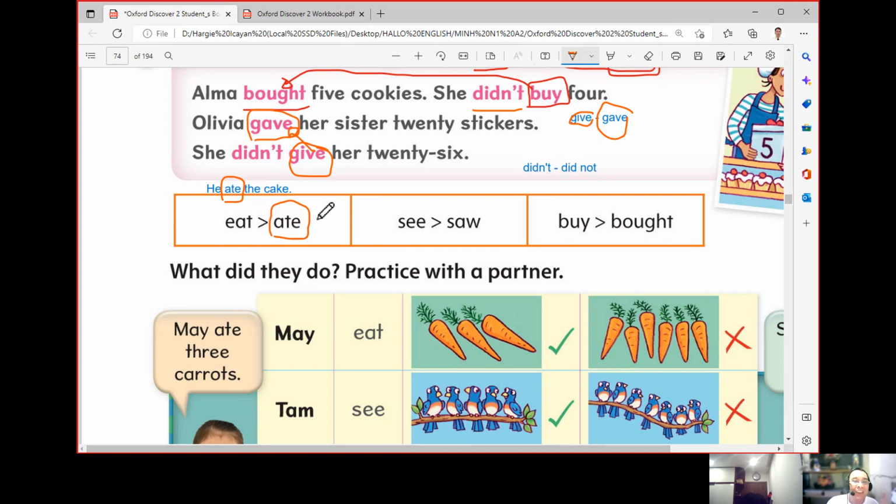So therefore, even without a signal word such as yesterday, last week, the other day, last year, still we can say that this sentence is in the past tense because our verb is in the past tense already. Okay? So how to make this in the present tense? Of course, you have to use also the verb in its present tense. So he eats the cake.